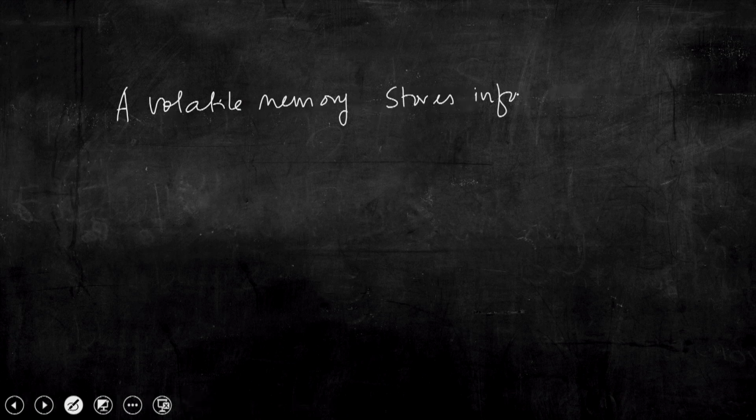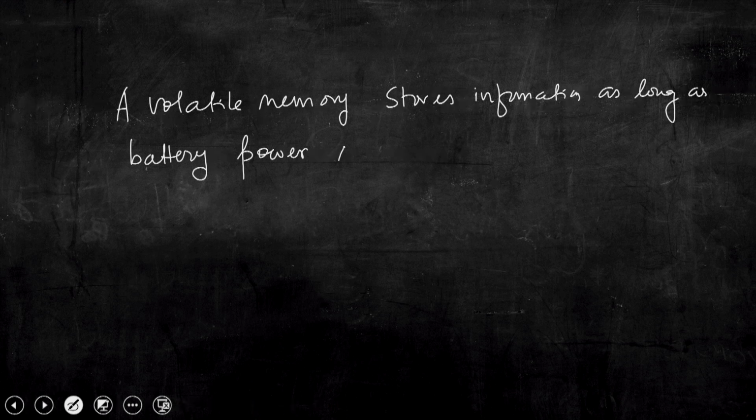So, if we go to the next slide and let us discuss or elaborate more on this, right. A volatile memory stores information as long as battery power is available to it, right.